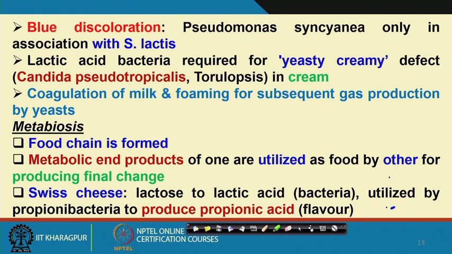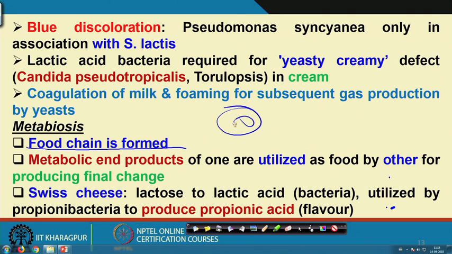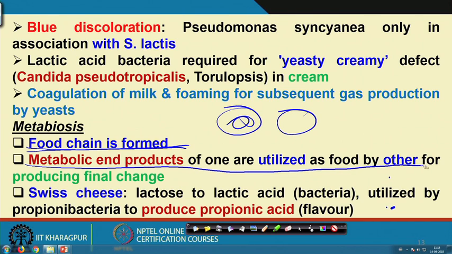Then metabiosis is a process where a food chain is formed, that is, one organism produces one product, and another organism uses this and produces another product. Metabolic end products of one are utilized as food by the other, producing the final change.